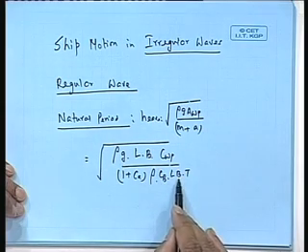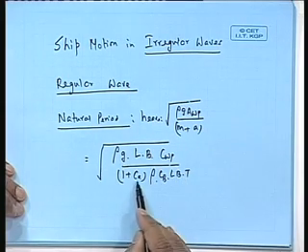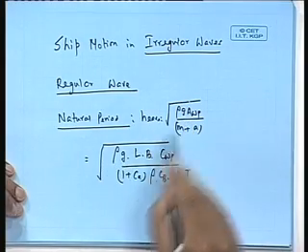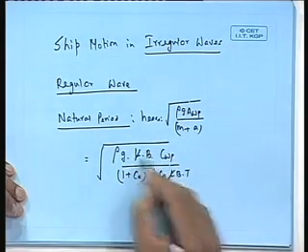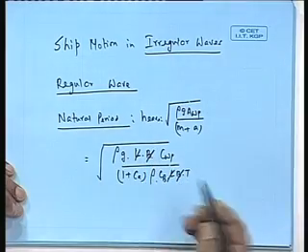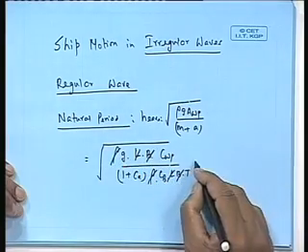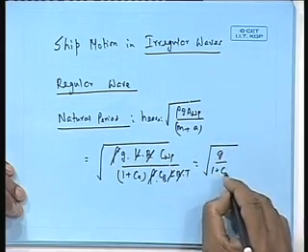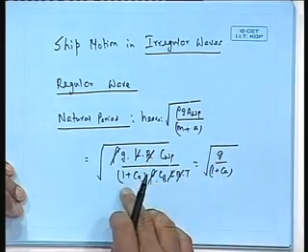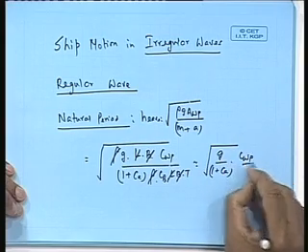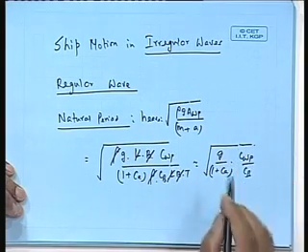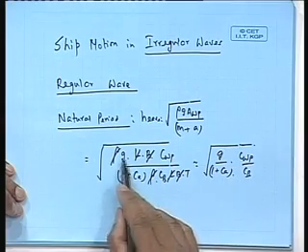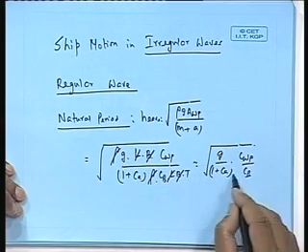Cb into length, breadth, draft into rho gives you mass, into 1 plus the added mass coefficient. AWP is L B Cwp. So if you cut this, rho gets off, and it becomes proportional to root over of g by 1 plus Ca, Cwp by Cb, and T will be there.